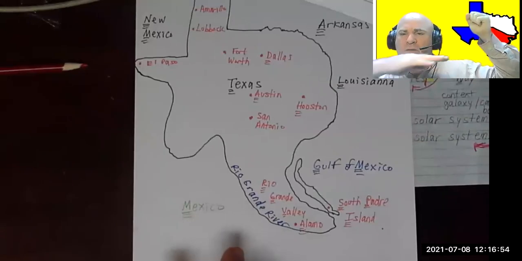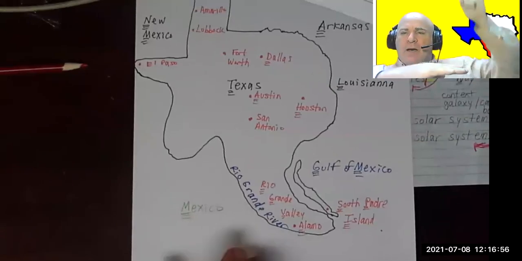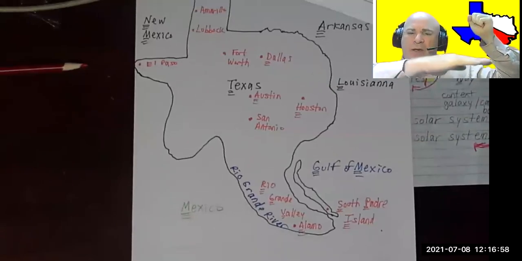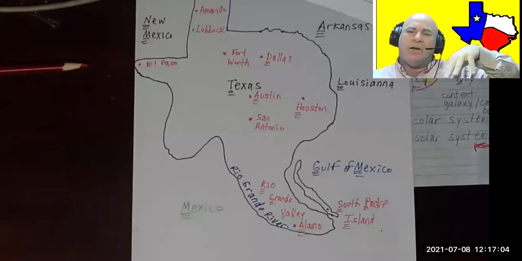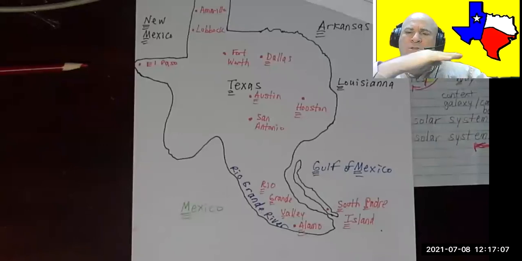Capital River space, capital Grande space, capital River, and then space if you're going to have another word, or space, space if you're ending a sentence and having to put a punctuation. So there you have it.